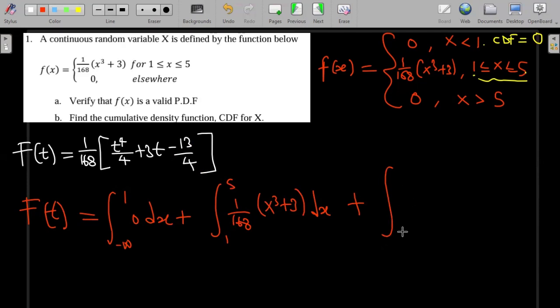So this will be from 5 to a certain value t, because we're finding the CDF, right? And then the integral is 0, and then dx.